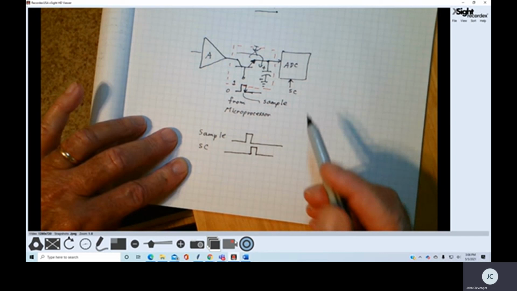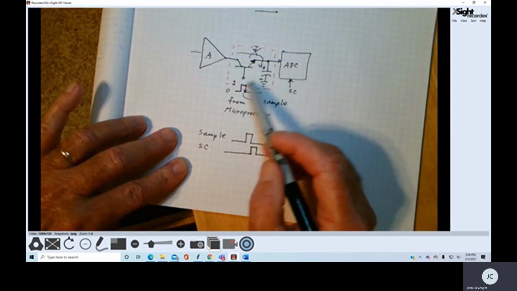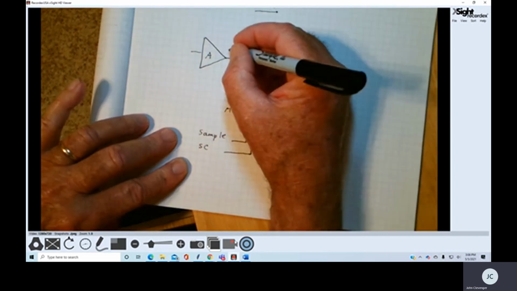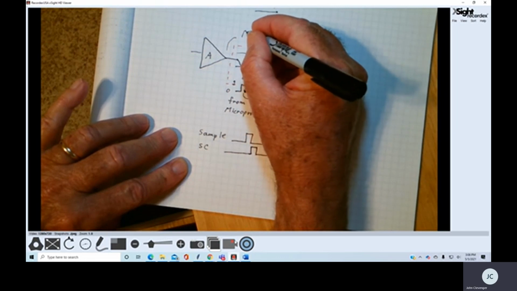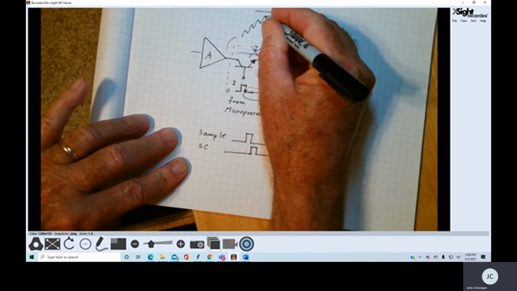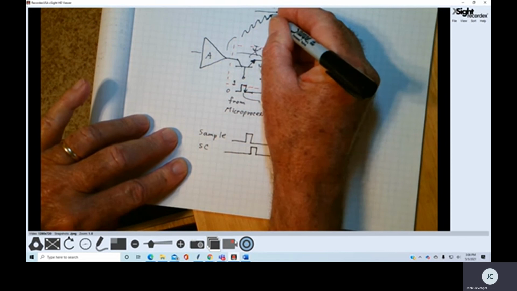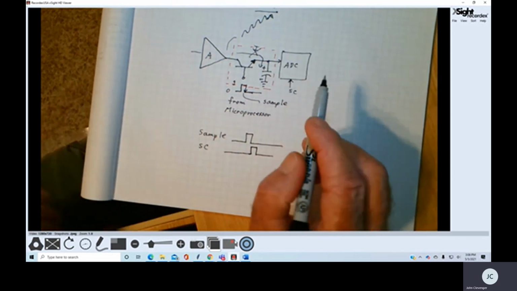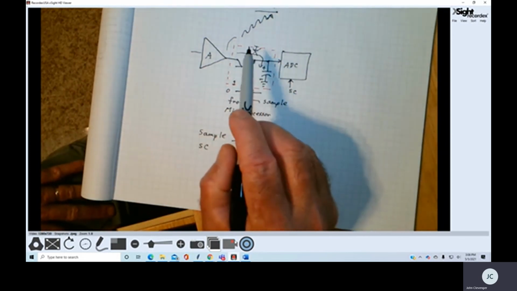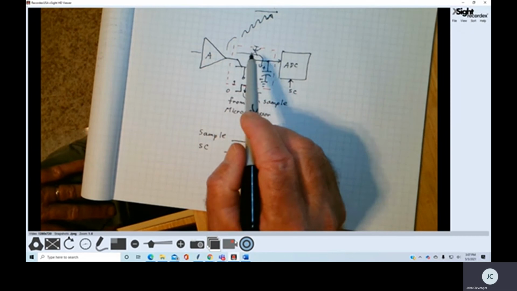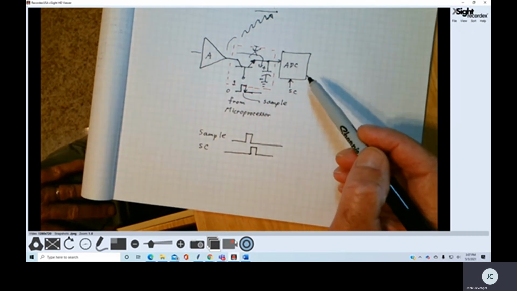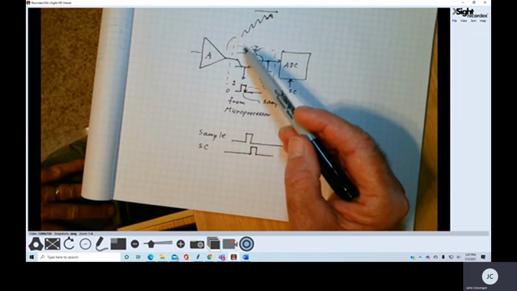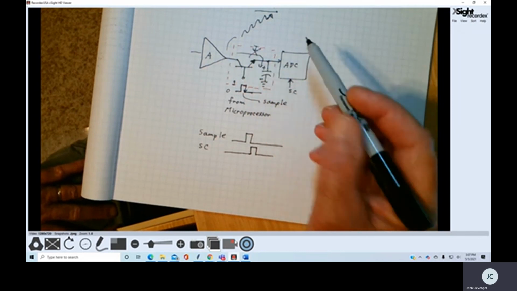The reason we do that is that if I didn't have this sample and hold, and the output right here is a noisy signal, as we saw in our amplifier lab, even though we were filtering out this information with our low pass filter, we're still going to get some electrical noise on this analog voltage.